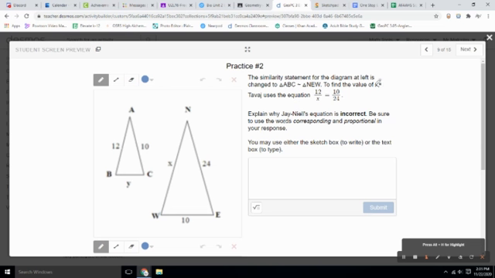To find the value of x, Teva uses the equation like what we had before. Explain why J-Neal's equation is incorrect. Be sure to use the words corresponding and proportional in your response.